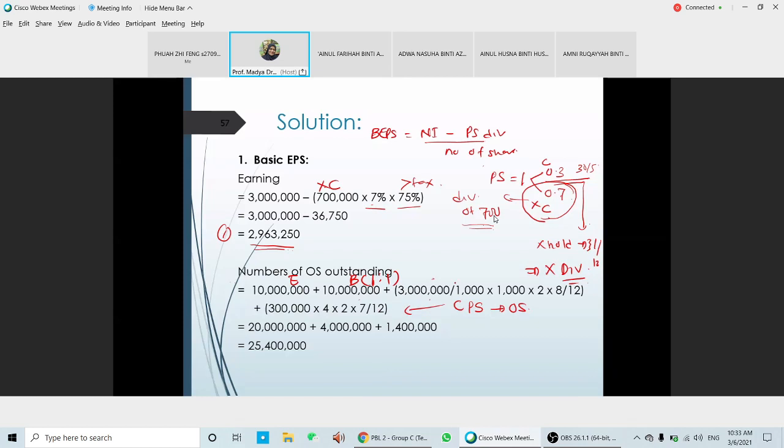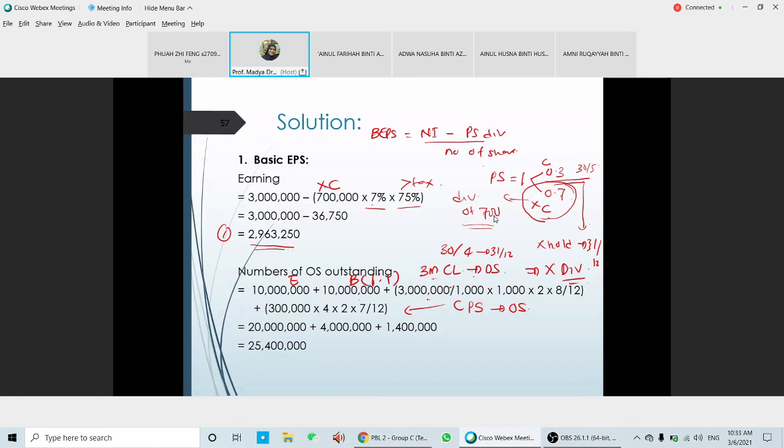Okay, look at this one first. This one is a convertible loan. You convert the convertible loan on 30th of April. So starting from 30th of April until 31st December, these 3 million of loan become ordinary shares.